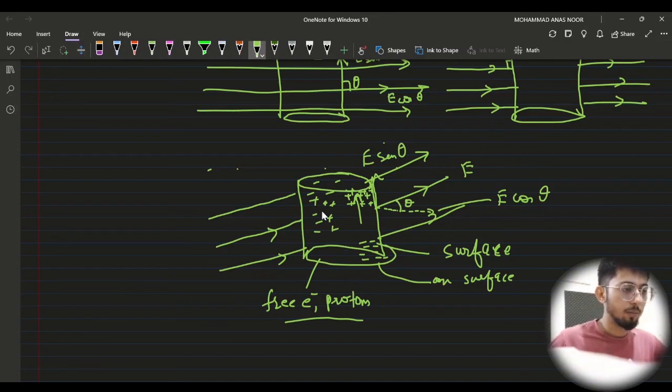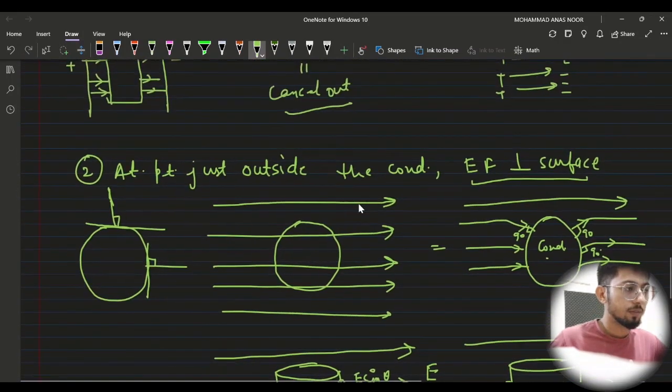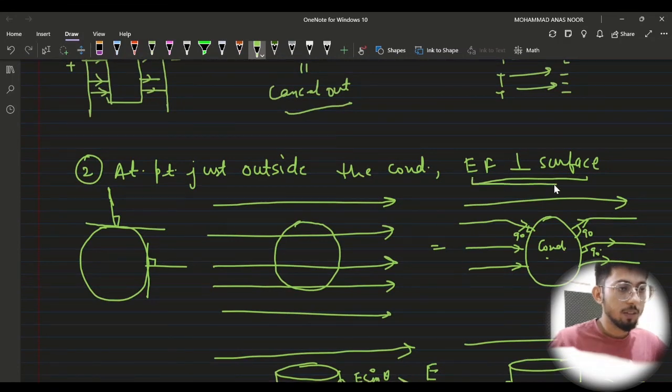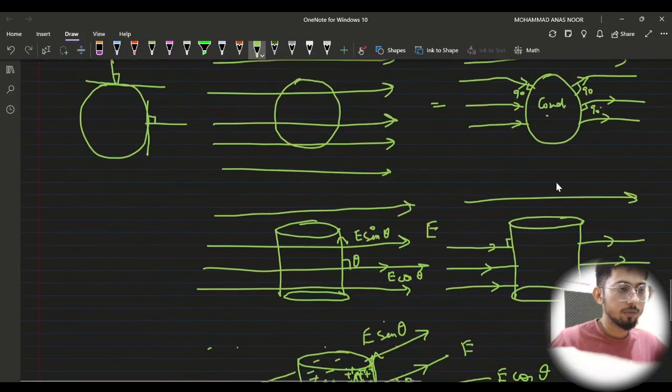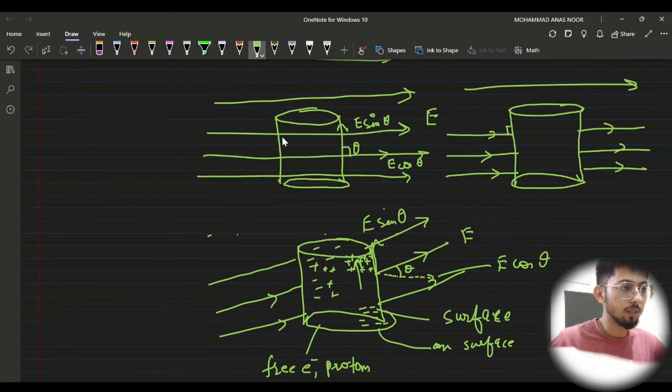So from this thing we can tell that the electric field is perpendicular to the surface, like this only. Because we don't find it in experiments. We don't find that we have a negative charge at the bottom and positive charge elsewhere, because in that case we could use it as a battery.